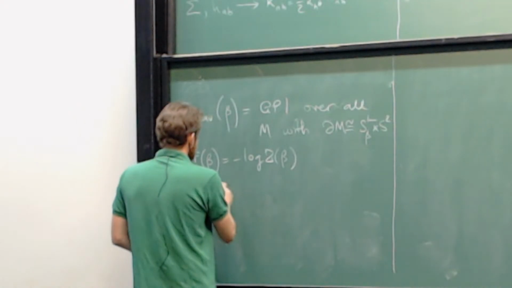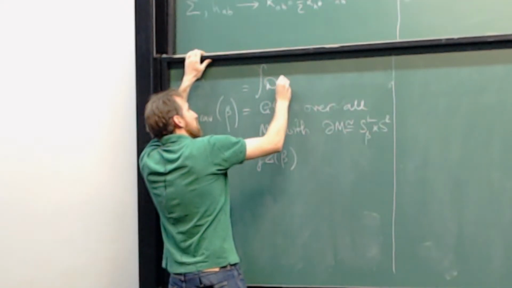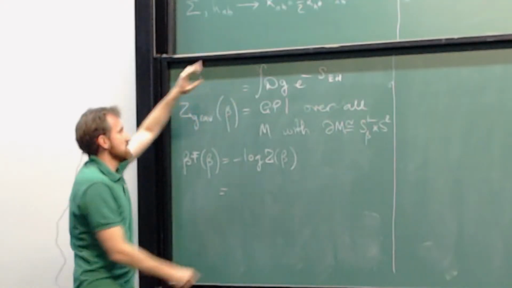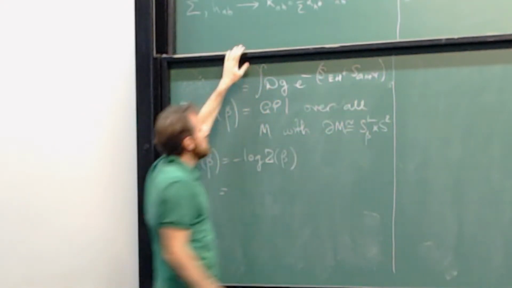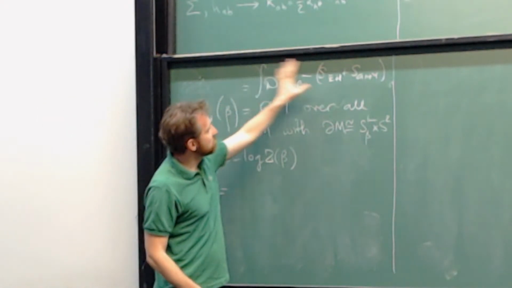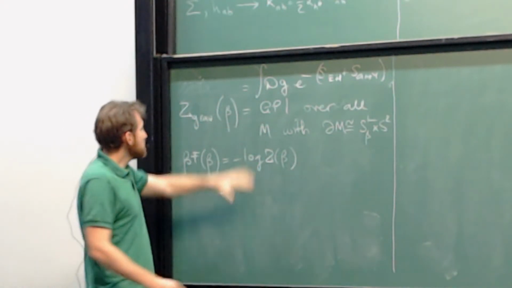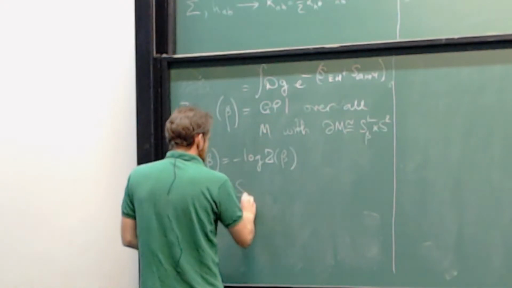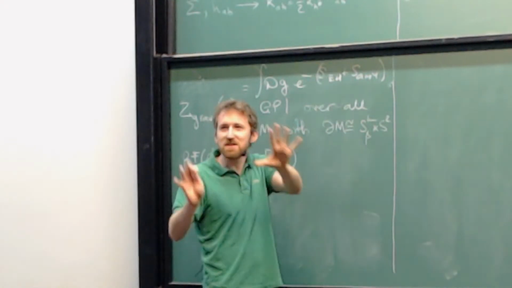Okay, so remember that Z is the path integral of e to the minus the action. So its logarithm is this object. But now in the semi-classical approximation, this is dominated by the Einstein-Hilbert plus Gibbons-Hawking-York term, which I'll just call S, you know that it's there.